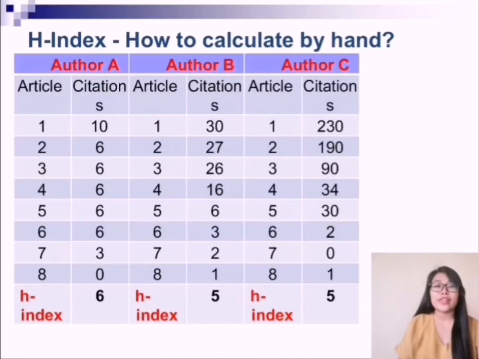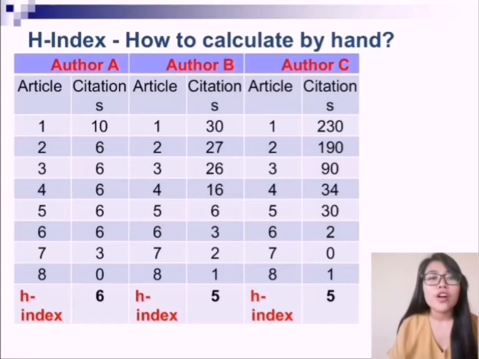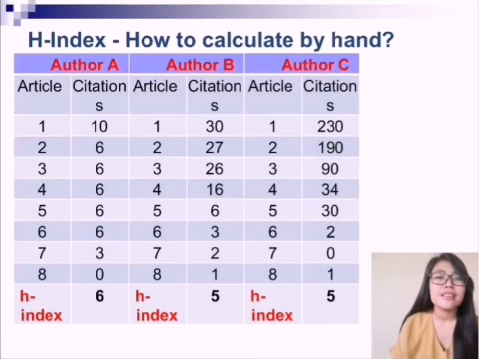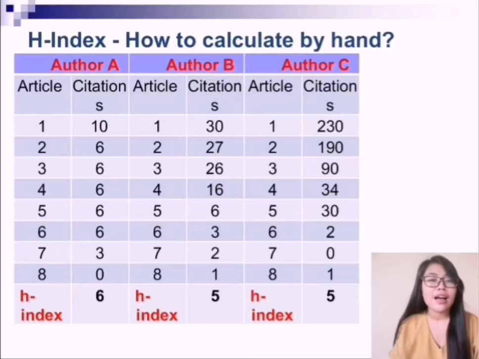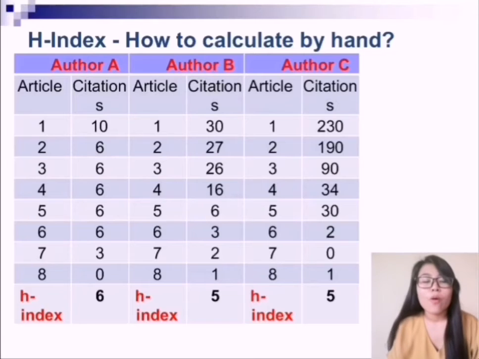Now, we proceed with author B. Article 1 has 30 citations, article 2, 27, article 3, 26, article 4, 16, article 5, 6. Now, on article 6, she received only 3 citations, article 7, 2, and then article 8, 1.